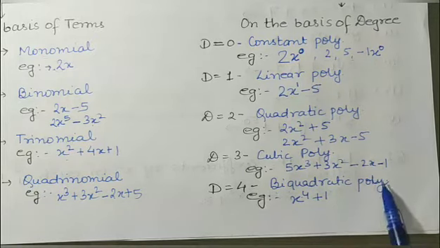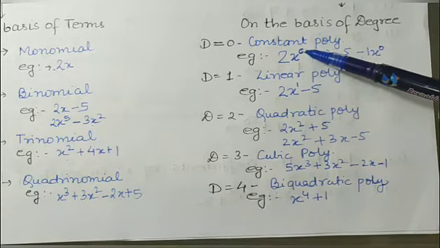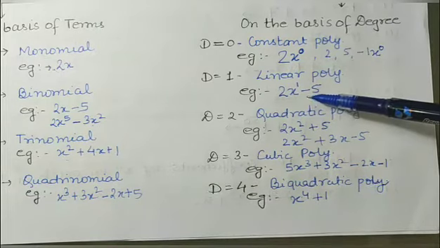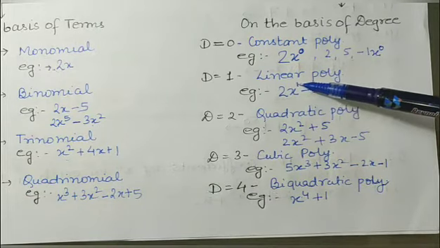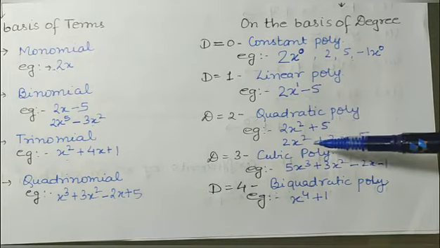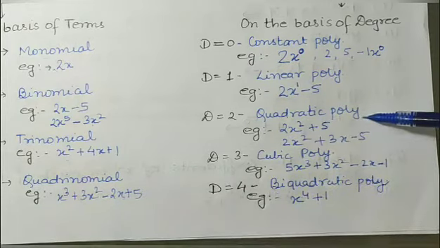So students, here you can observe the maximum power of variable is 0, so its degree is 0. It will be constant polynomial. Here the maximum power of variable is 1, meaning degree 1, then it will be linear polynomial. Here the maximum power is 2, degree 2, so it will be quadratic polynomial.